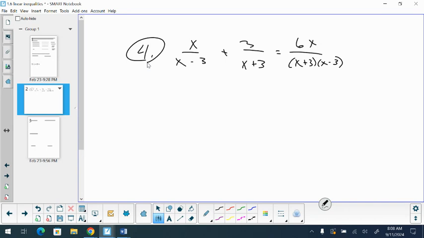Now, what we need to do is find a common denominator that will eliminate all of our denominators. Once again, I have an x minus 3 factor denominator, an x plus 3 factor denominator, and a combination of both of them. So that's going to give me my common denominator that I'll need to multiply through by.